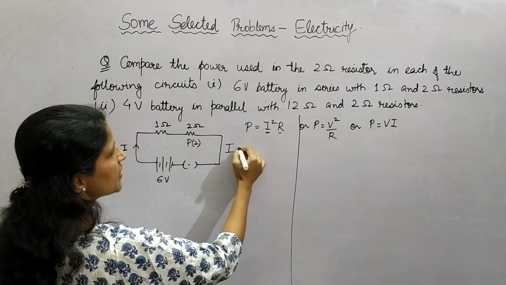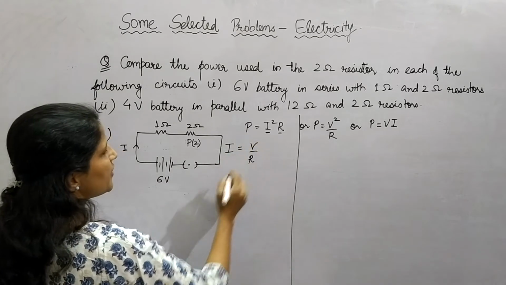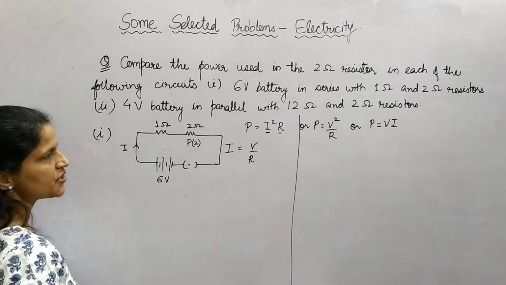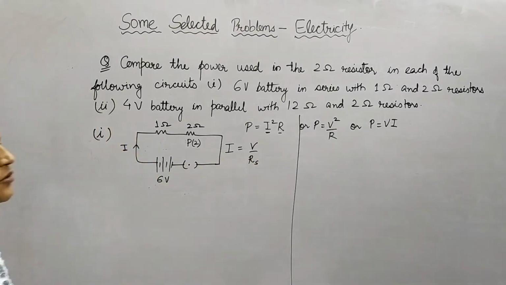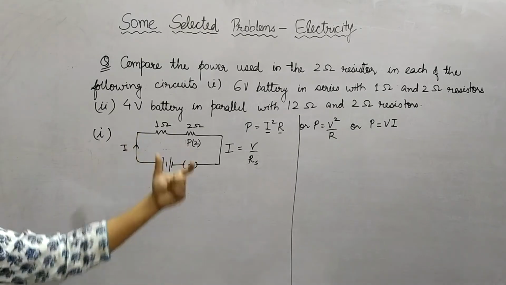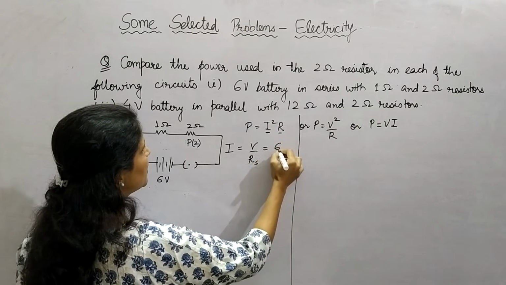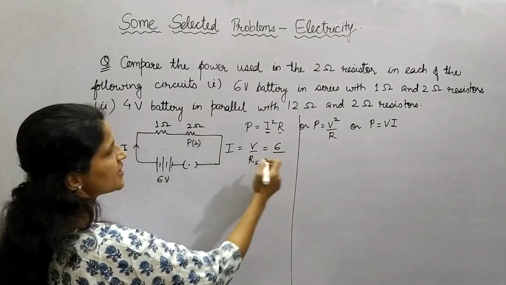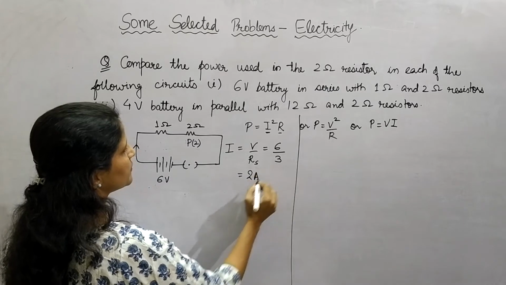I through the whole circuit will be equal to V by R. What is V here? V is the applied potential difference, and what is R? This is actually the series resistance, the total resistance or the effective resistance of the circuit. So the value of V in the question is 6 volt and the value of series resistance is 3 ohm. So we get a current of 2 ampere.